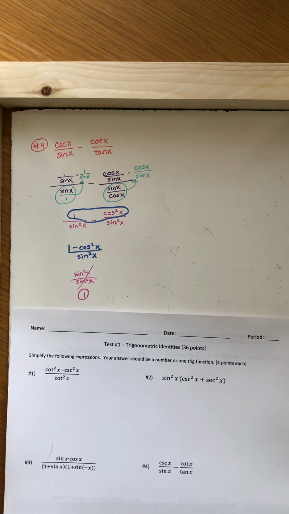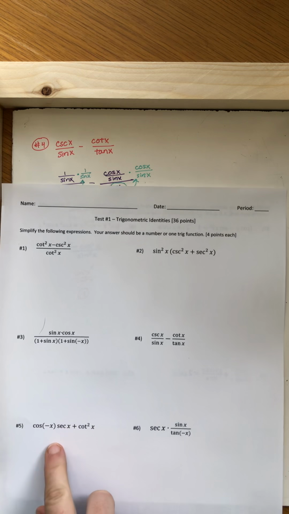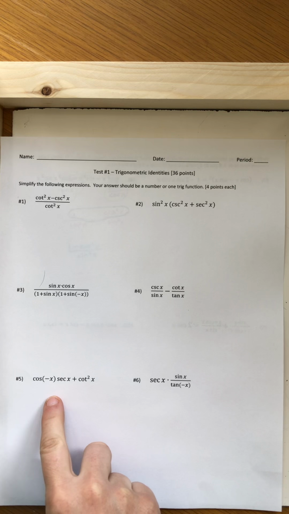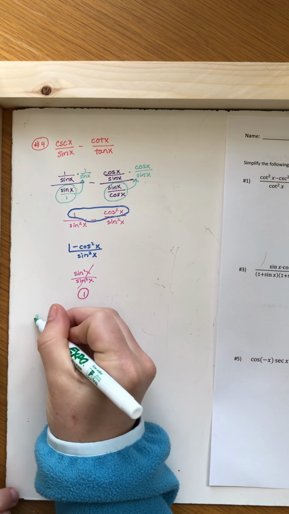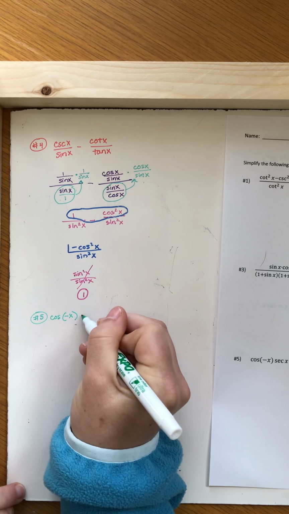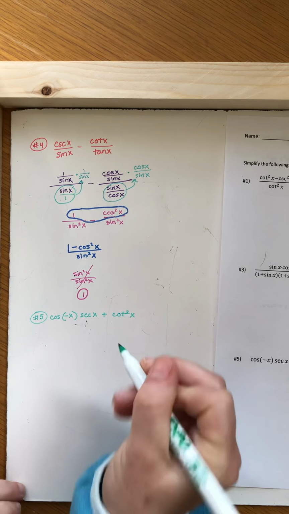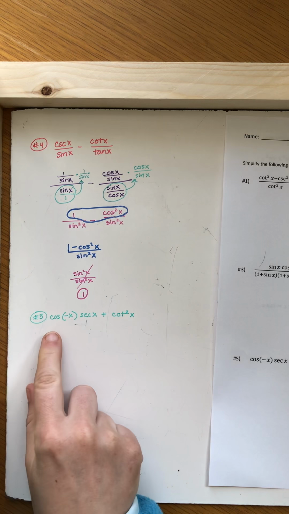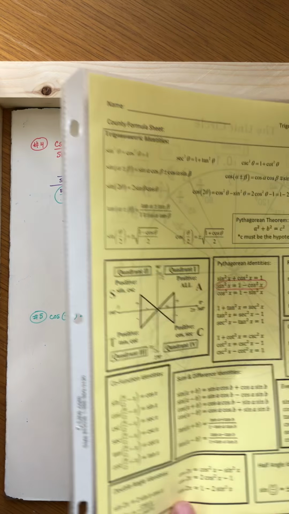Now number 5, it's down here. I don't know if you guys can see it. Cosine of negative x times secant x plus cotangent squared x. Now this cosine of negative x, that's an even and odd identity.